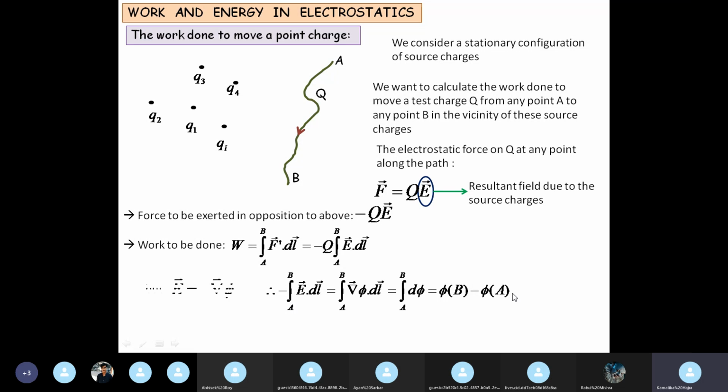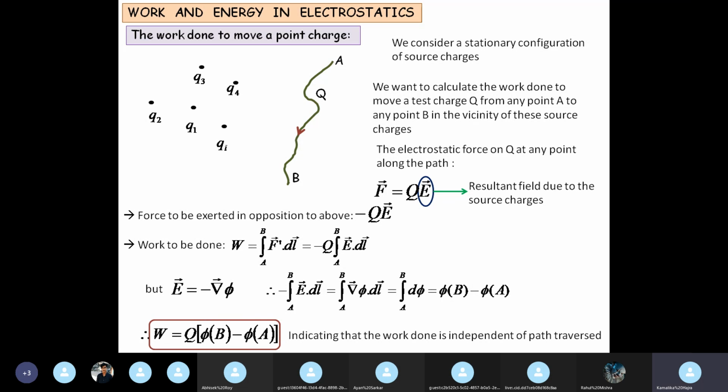So the work done is Q into phi at B minus phi at A, which means that the work done is independent of the path traversed.